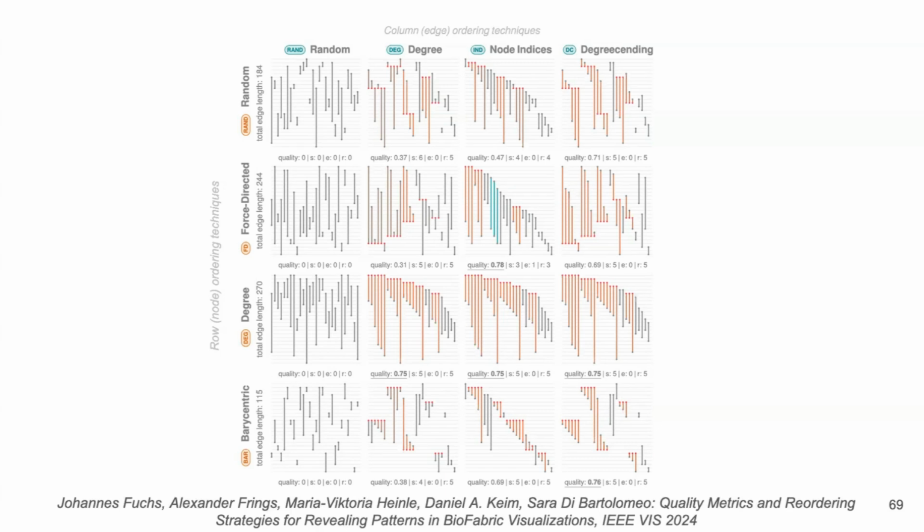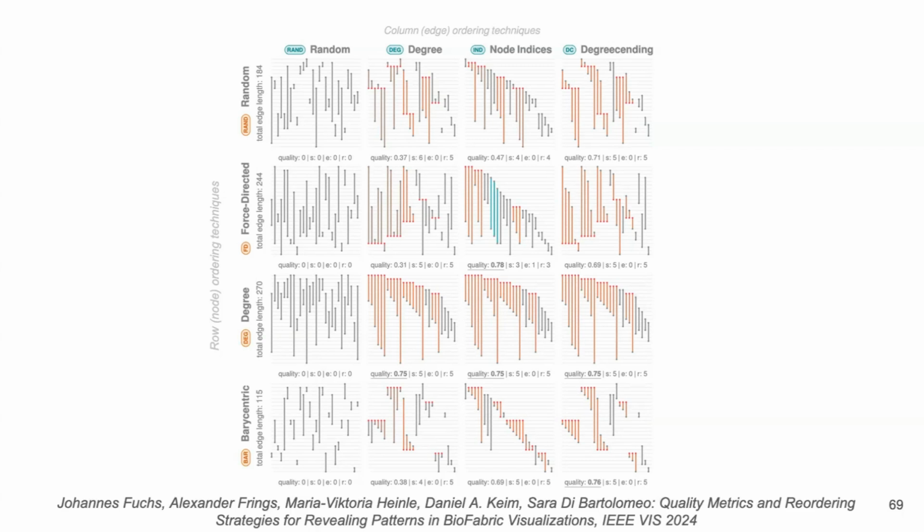You can see from here that sorting edges randomly creates a mess. Sorting nodes randomly, and then applying a method for the edge sorting instead, is still kind of salvageable. But this is the column where the edges are sorted randomly, and any kind of node ordering that you apply to this always ends up being really, really broken.